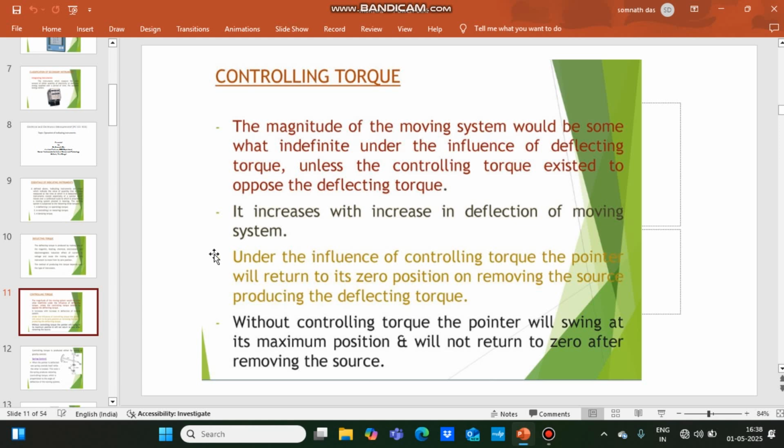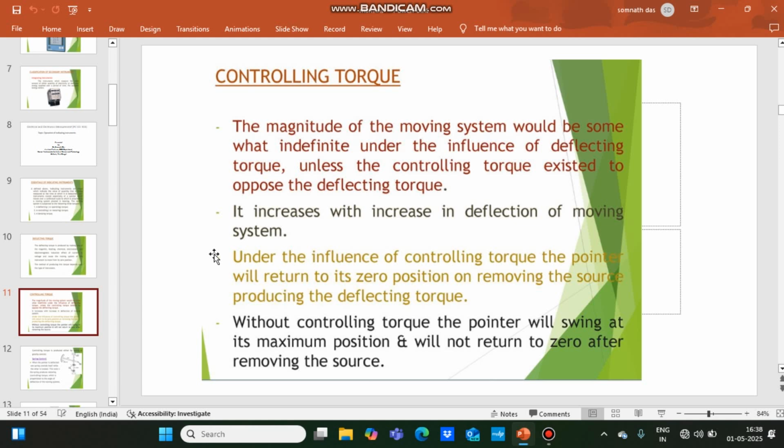And when the instrument is not in operation, the pointer must come to rest at the zero position. Without this controlling torque, the pointer may go to the maximum position when the instrument is in operation, and when the instrument is not in operation, the pointer may go beyond the zero position. So that's why controlling torque is required.